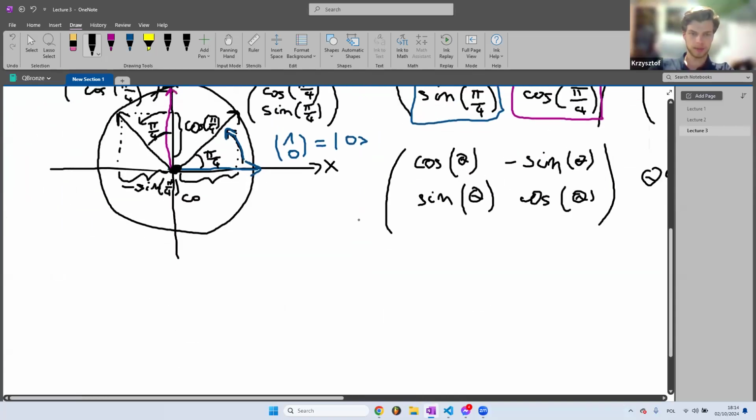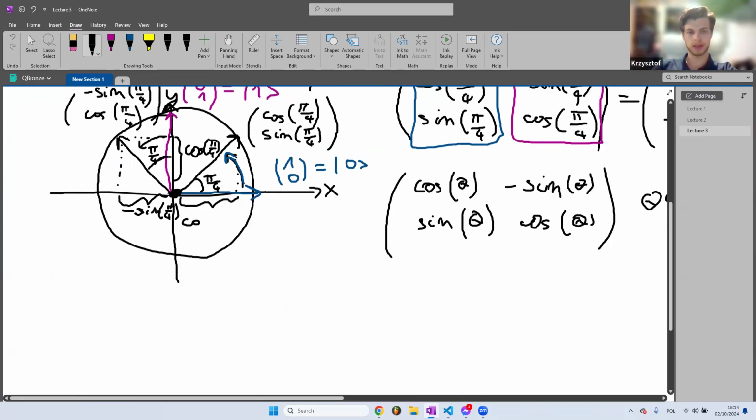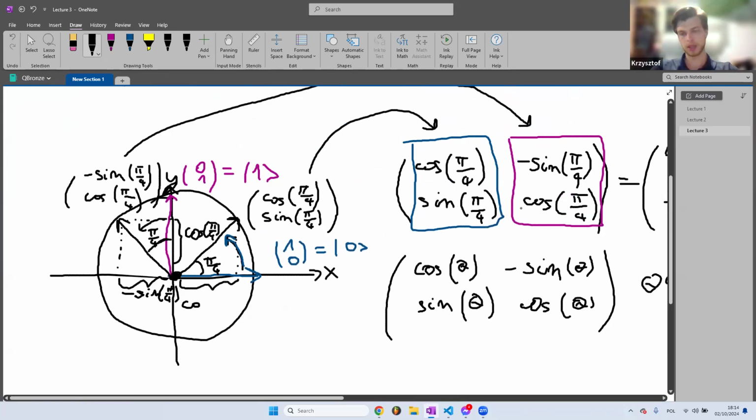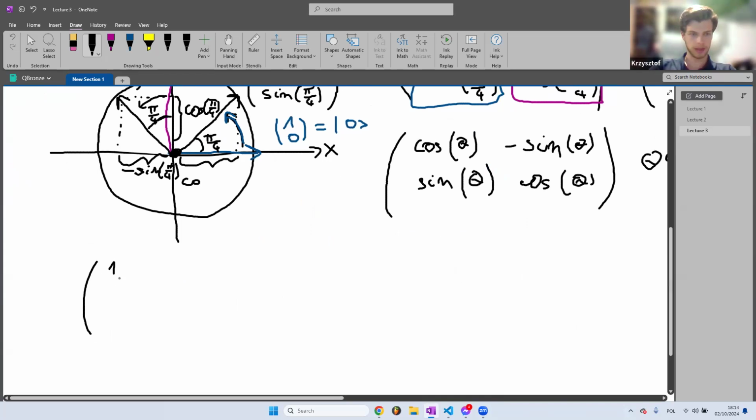So let's try to calculate what happens when we apply this rotation about the y-axis a few times. Doing it by hand will be quite tedious, but let's see. Actually, we can simplify the writing and say 1 over square root of 2 here, and it will be 1, 1, minus 1, 1. And let's see what we will get on the state 1, 0.